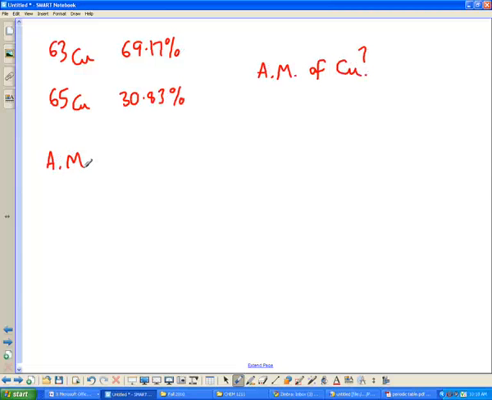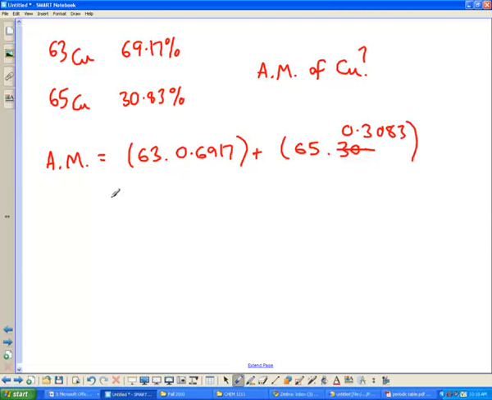To get the atomic mass, we are going to take the mass of our isotope number 1, multiply it by its percentage over 100, add that to the mass of our second isotope multiplied by its percentage over 100, that should be 0.3083, sorry about that. And what we get as an answer is 63.55 AMU, atomic mass units.